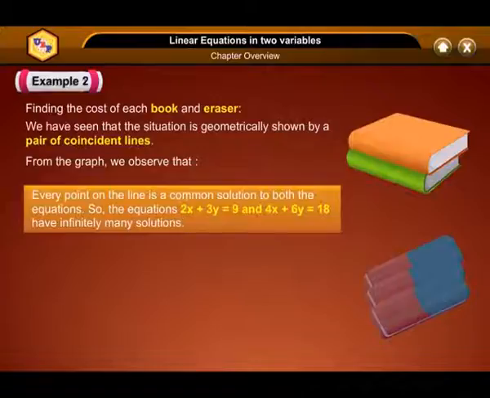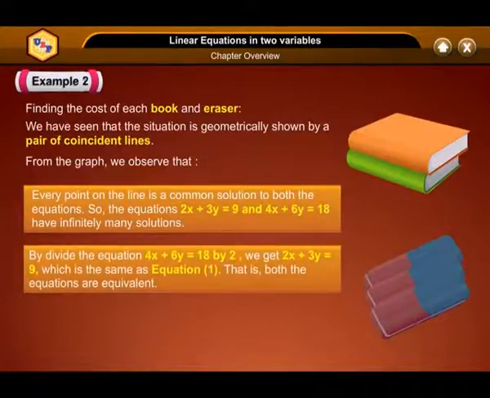So, the equations 2x + 3y = 9 and 4x + 6y = 18 have infinitely many solutions. By dividing the equation 4x + 6y = 18 by 2, we get 2x + 3y = 9, which is the same as equation 1. That is, both the equations are equivalent.